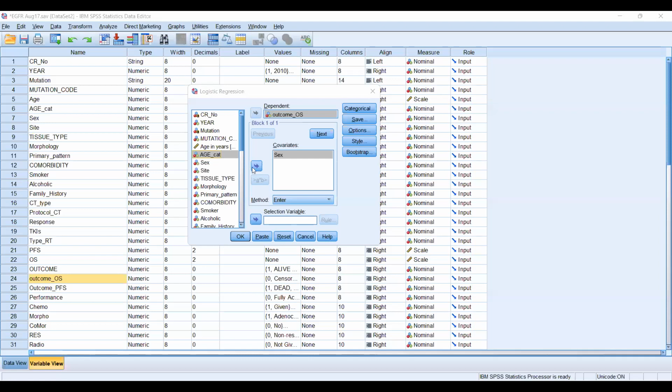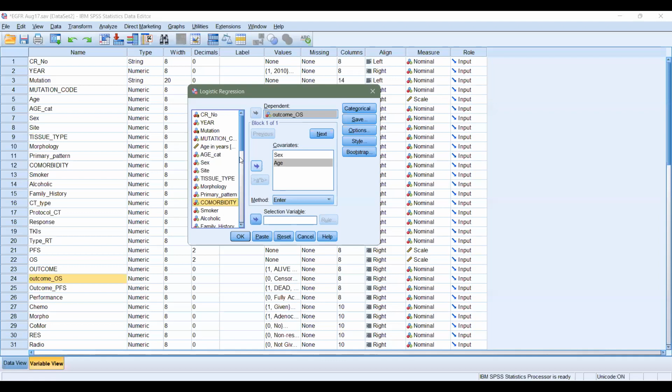Otherwise age should always be in continuous form. Then we want to see whether it is also related to the person having diabetes or hypertension, how it impacts the death of a lung cancer subject, whether the person was a smoker or not, whether the person was alcoholic or not.